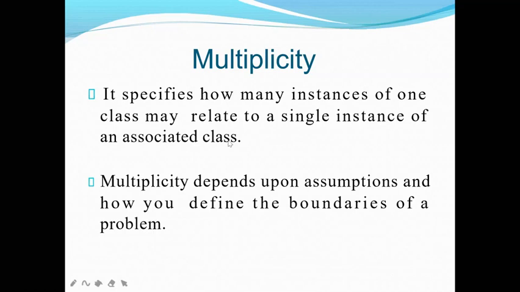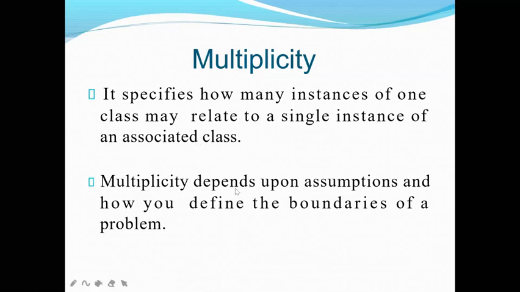Whatever I told, the same thing is written over here in this slide. We'll go through the slide also. In the multiplicity concept, many instances or objects are going to be related with a single instance in terms of your associated class. It means that if you have designed one class, then many objects or instances are going to be connected with each other.